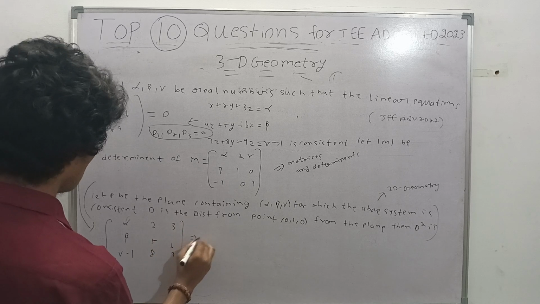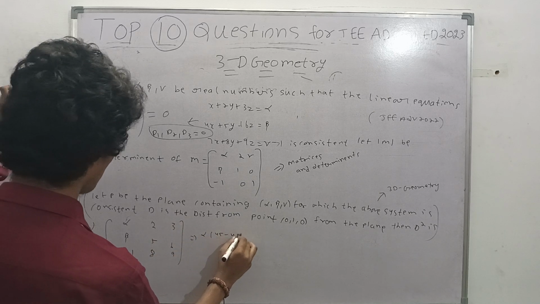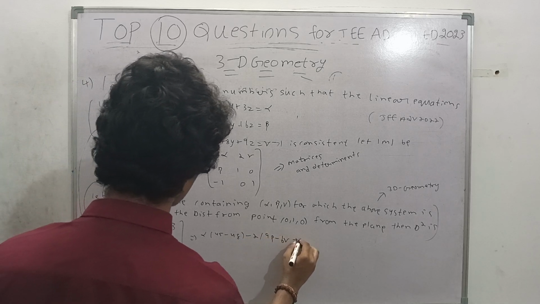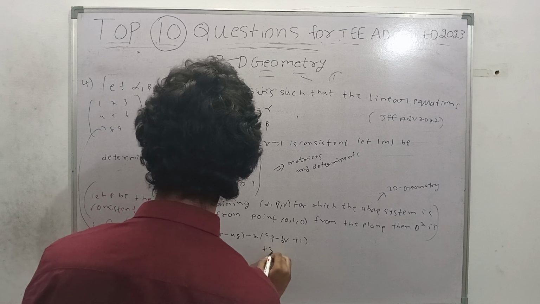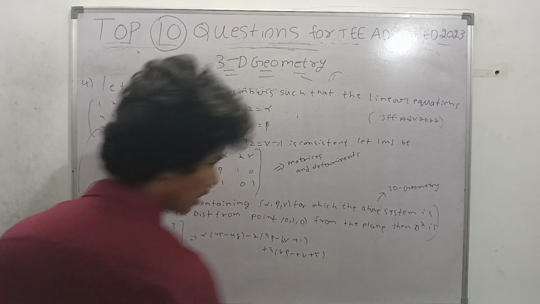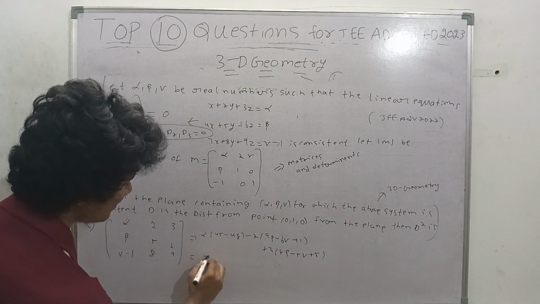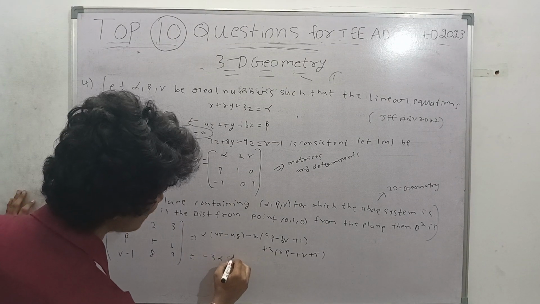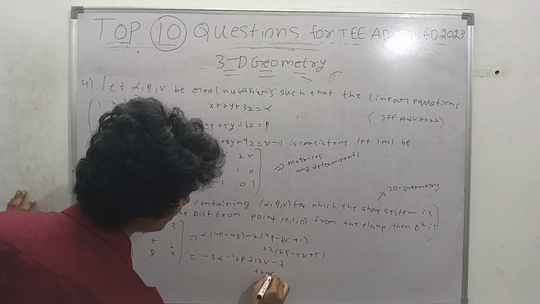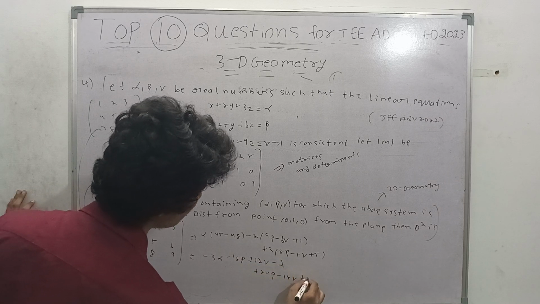If you solve this: alpha into 45 minus 48, minus 2 into 9 beta minus 6 gamma plus 1, and plus 3 into 8 beta minus 5 gamma plus 5. Expanding, here it is minus 3 alpha, minus 18 beta, plus 12 gamma, minus 2, 24 beta, 15 gamma, 15.